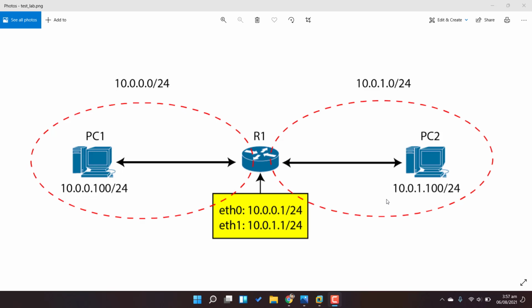So you can call them Ethernet interfaces. And then we have two domains. The first one, as you can see, is 10.0.0.0, and then the second one above PC2 is 10.0.1.0. Let's implement this lab using the Kathara framework.